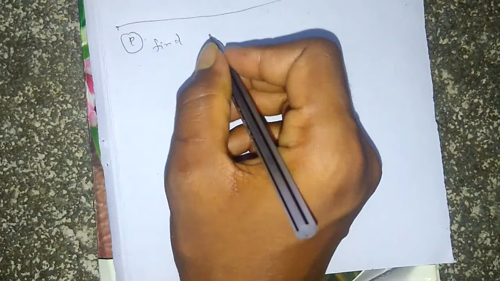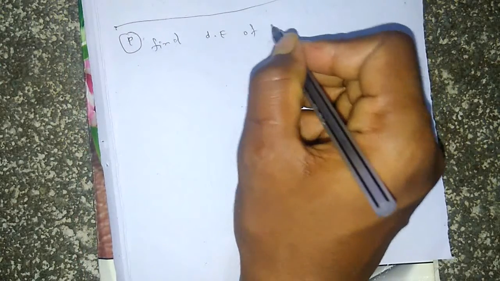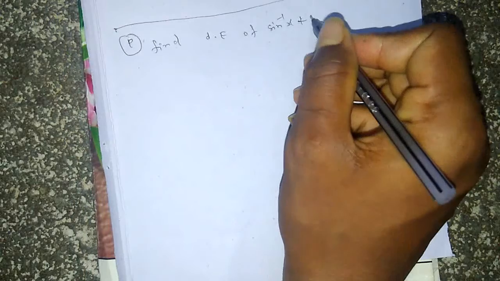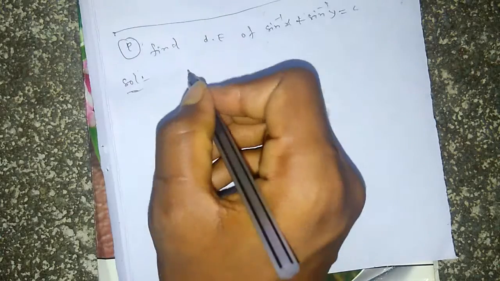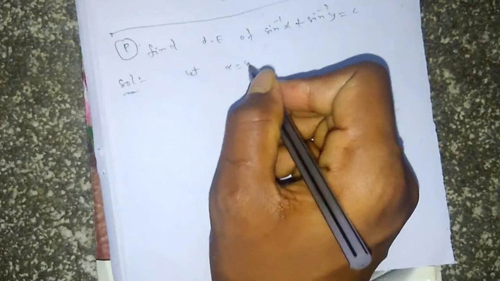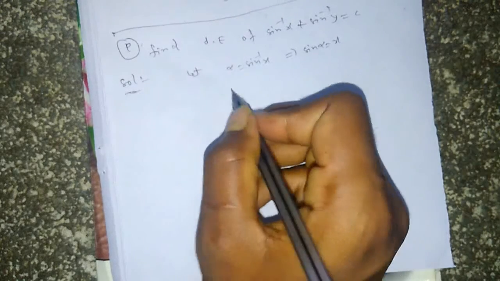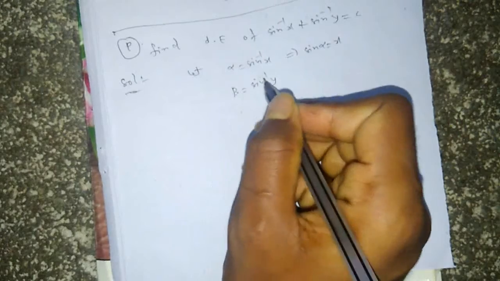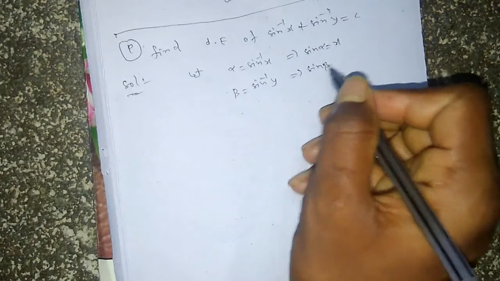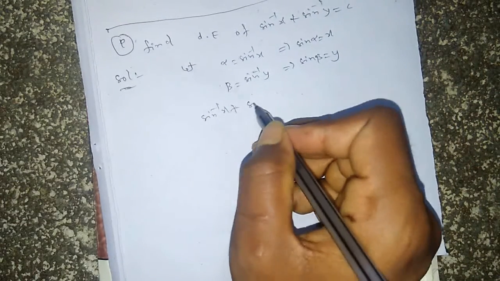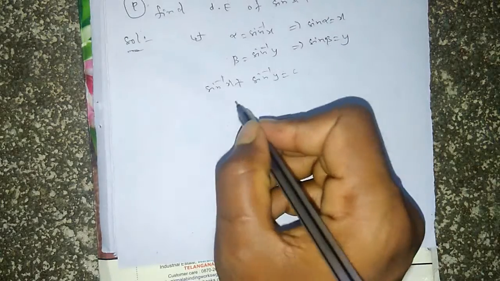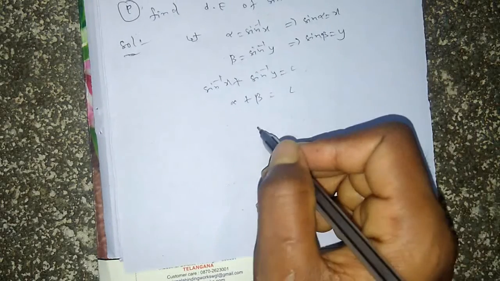Our next problem is to find the differential equation of sin inverse x plus sin inverse y is equal to c. Let us take alpha is equal to sin inverse x, which implies sin alpha is equal to x, and beta is equal to sin inverse y, so sin beta is equal to y. Now the given equation is sin inverse x plus sin inverse y is equal to c, that is alpha plus beta is equal to c.